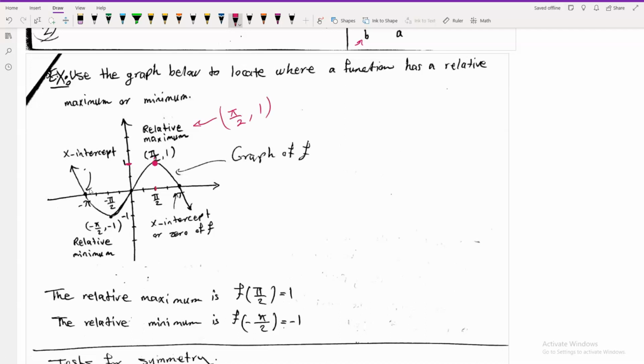That is the relative maximum, and the relative minimum is based on the smallest value that we have for y, and that is -1. So the point that we have here for x is negative pi over 2 and y is -1. So this is the relative minimum.